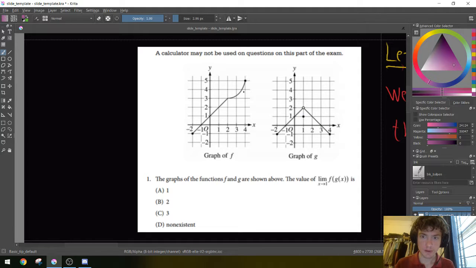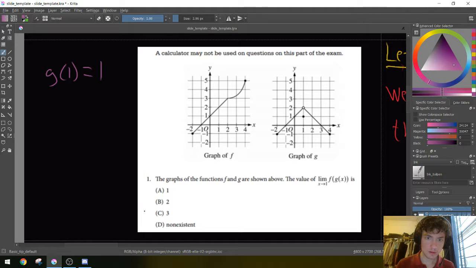Yeah, so it's definitely the case that g of 1... So it would be C, 3. 3, okay. So how did you walk me through how you got to 3 then? So the limit of g of x as it approaches 1 would be 2. And you take the 2 and you place it into the former function f and you get a 3.